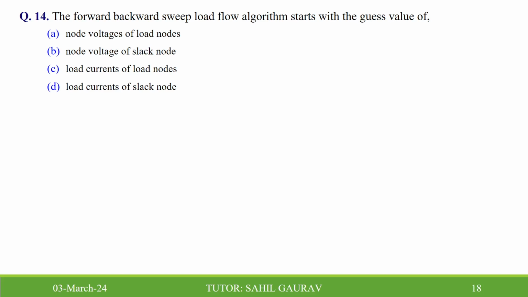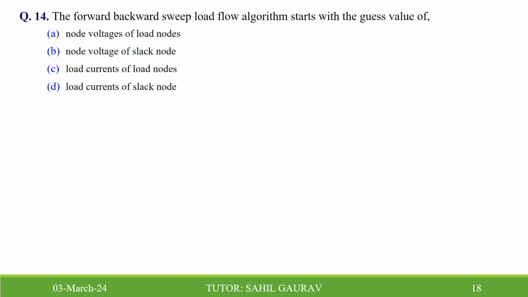No, you got it wrong. The slack node voltage is given in the problem, because the substation voltage is defined using the substation transformer.